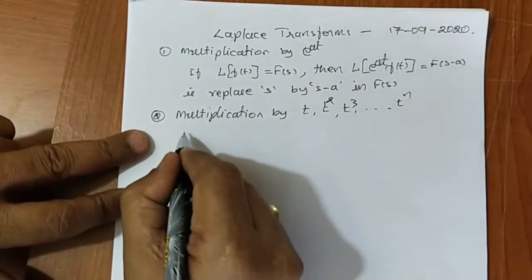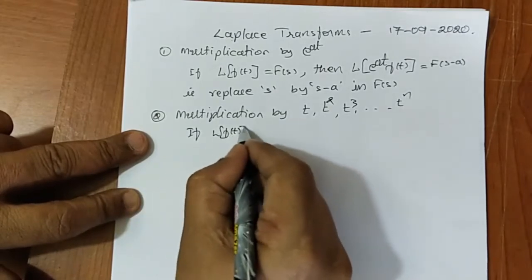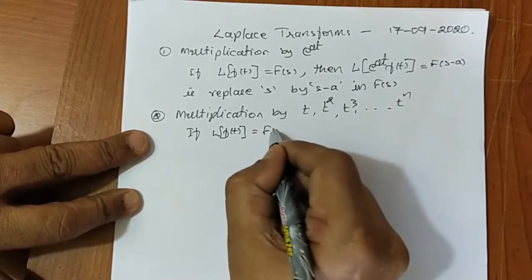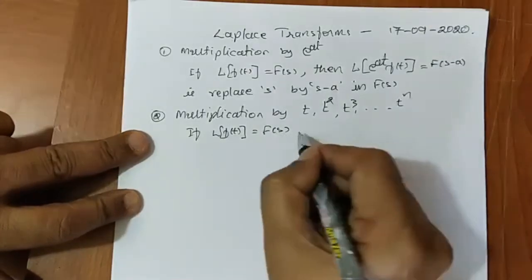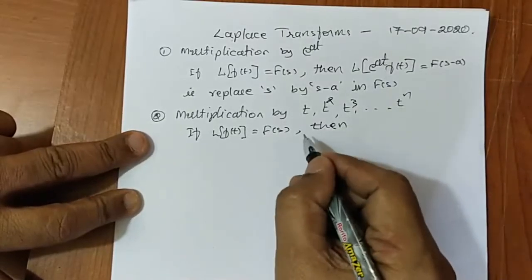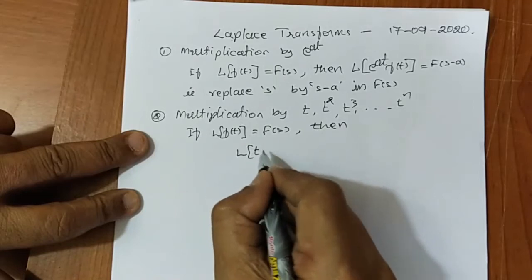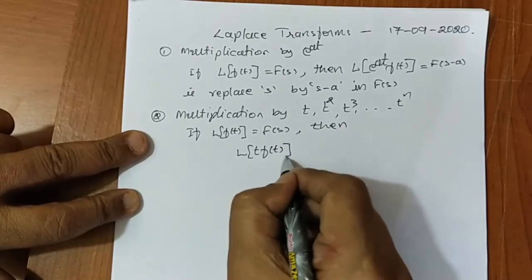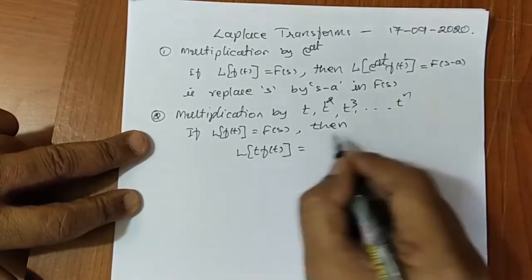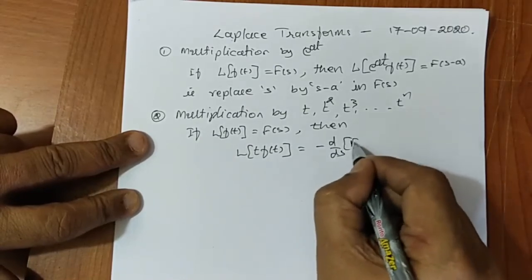It says, if L of f of t is equal to capital F of s, then L of t times f of t is minus d by ds of F of s.